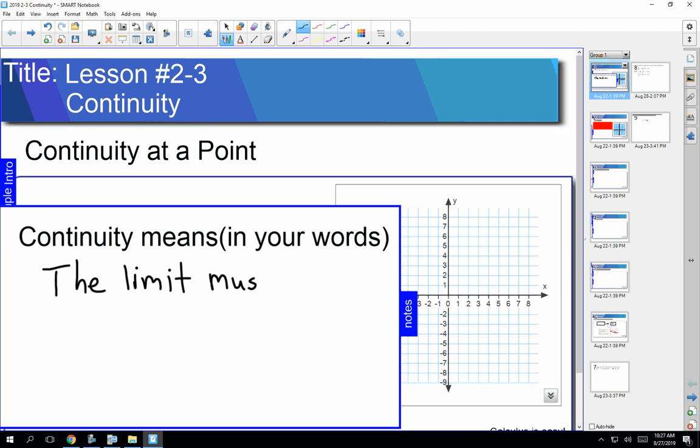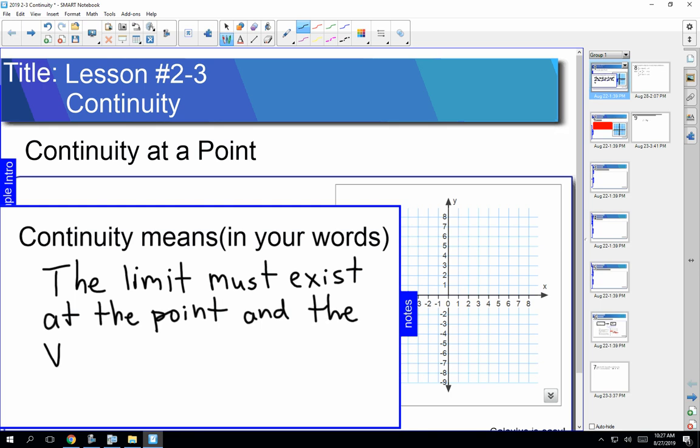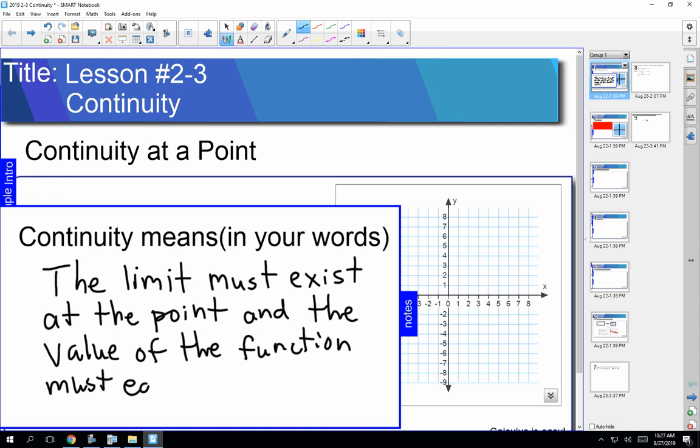The limit must exist. And this is continuity really at a point, okay? So the limit must exist at the point, and the value of the function must equal the limit.